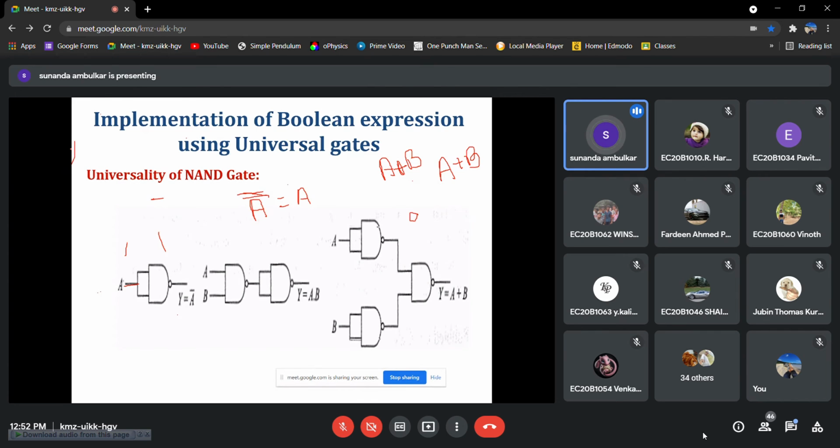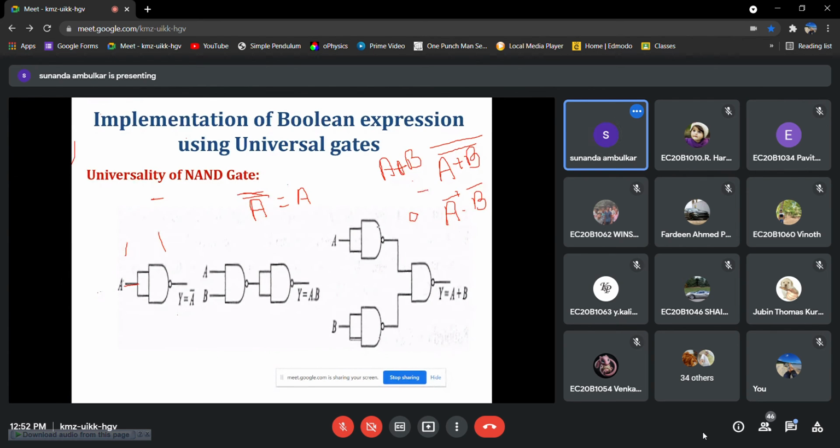Suppose the Boolean expression is the OR implementation, A plus B. If we make the complement of this, it will be A bar dot B bar.